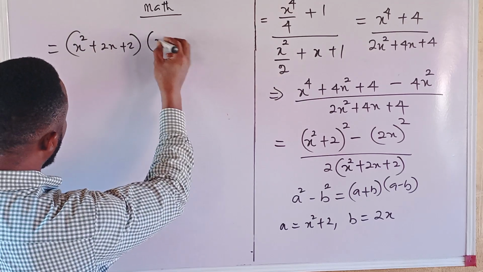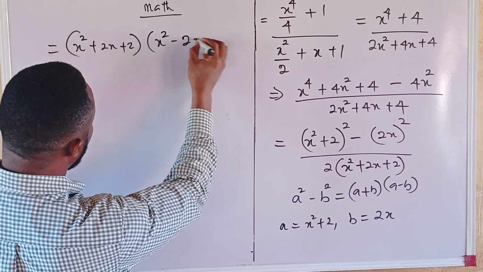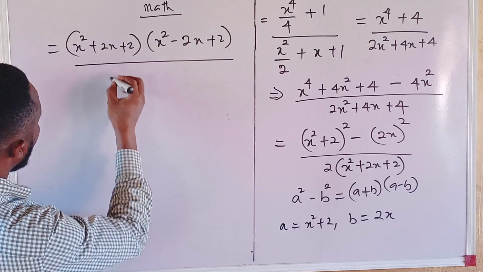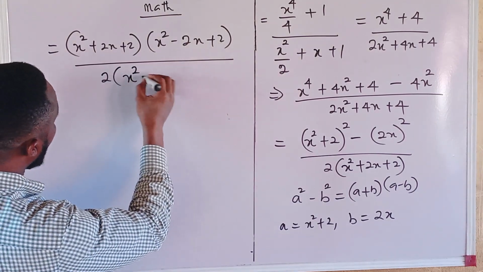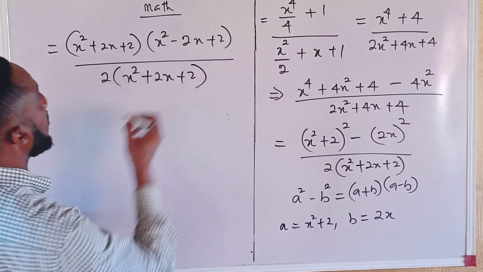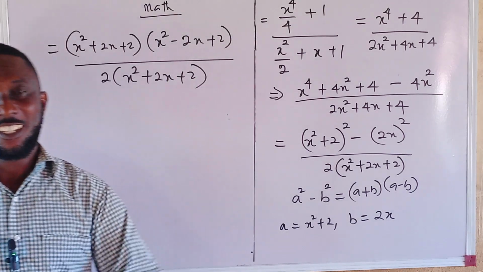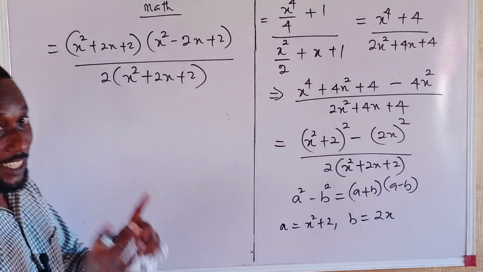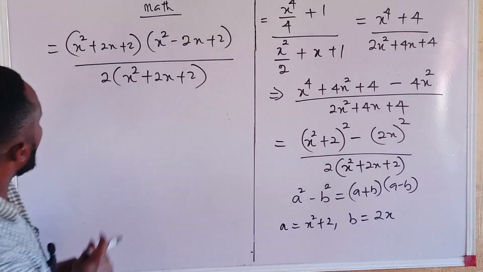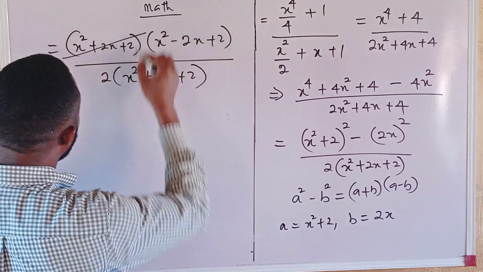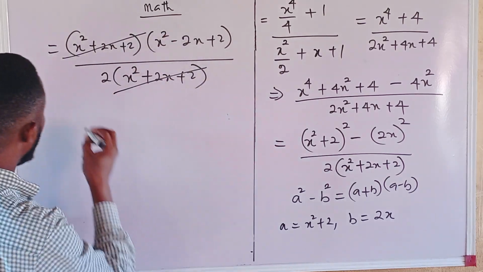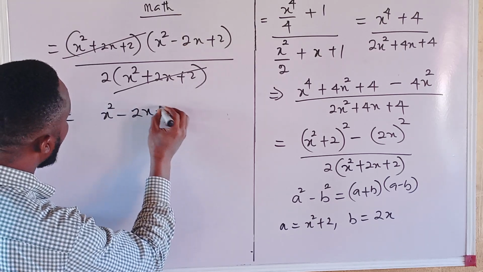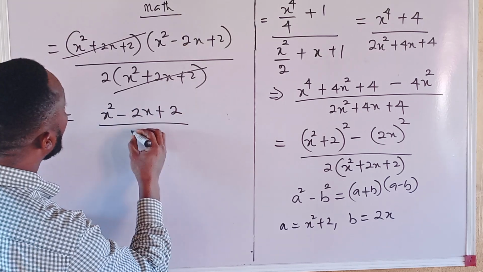So that's going to be x squared minus 2x plus 2 all upon 2 into x squared plus 2x plus 2. So guys, this is quite interesting. The answer is staring at us. So you can see that these parentheses will take out these parentheses. We are only left with x squared minus 2x plus 2 all upon 2.